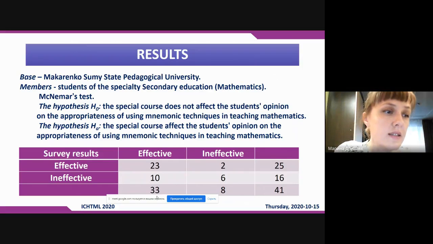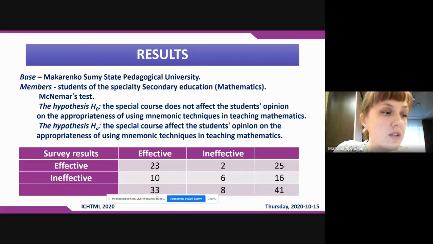The training lasted 3 hours and was aimed at training pre-service mathematics teachers to use mnemonic techniques in professional activity. The results were achieved through acquaintance with the existing mnemonic techniques and the formation of skills to implement them using specialized software.